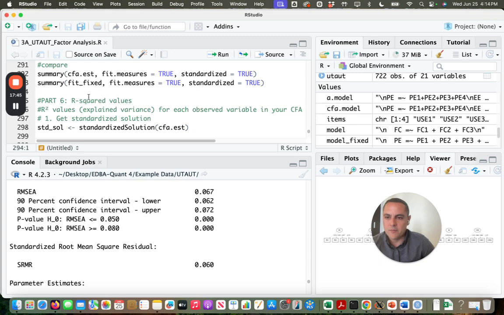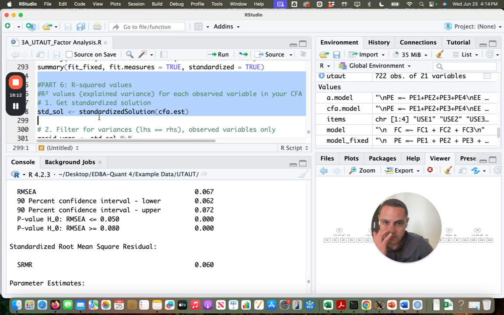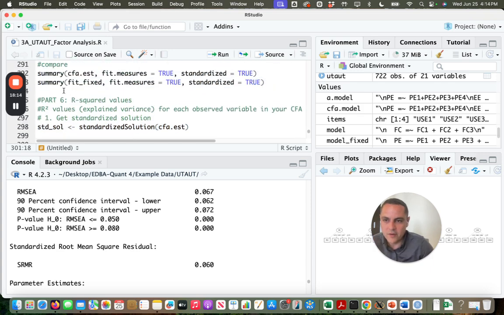All right. Finally, there's also the potential to produce R squared values, or the explained variance for each indicator. This tells you how much variance in each observed variable is explained by its latent construct. This is an add-on component I'm providing here.